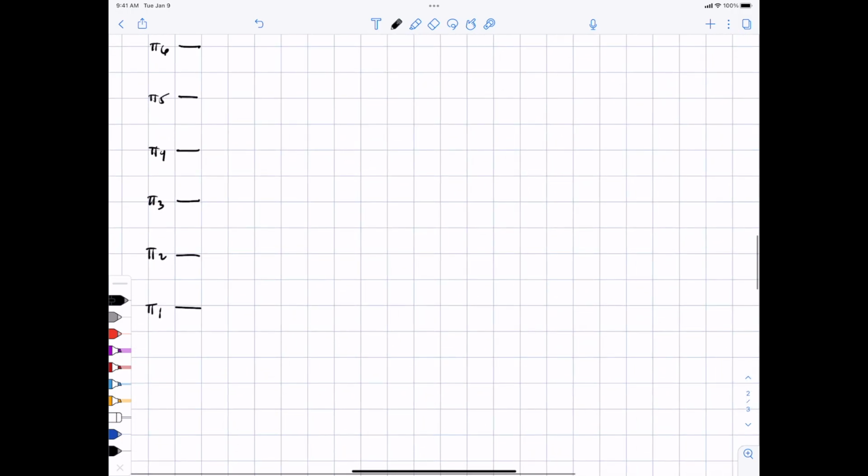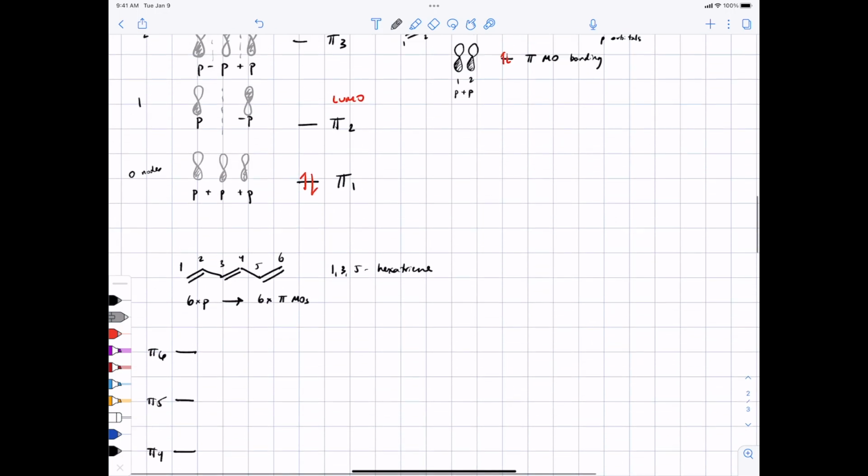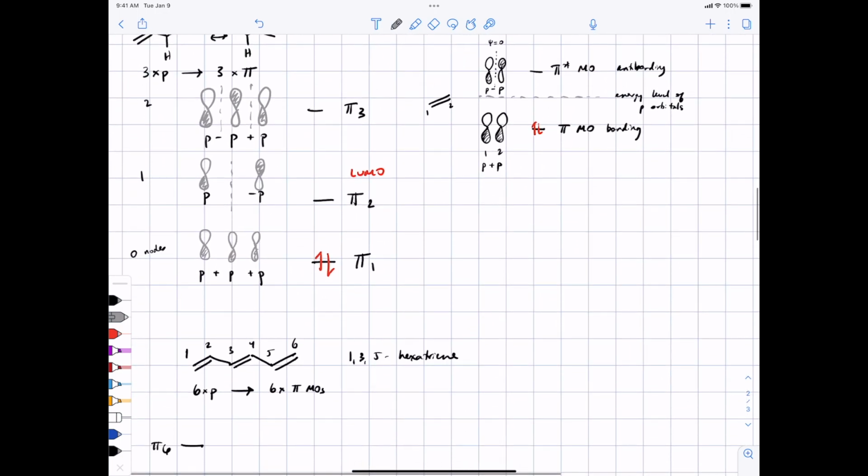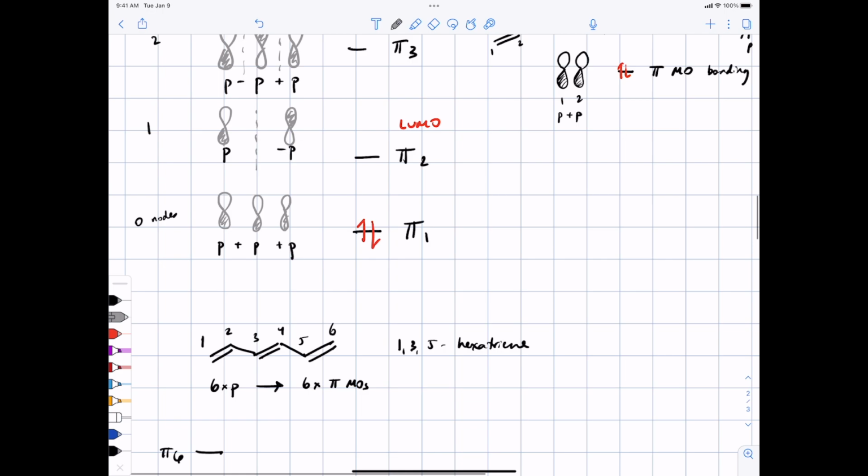And I'll draw them for you. To save ourselves a little bit of drawing time, we're going to imagine looking down on these orbitals as though we were above them. If I were looking down on this orbital, what I would see is carbons 1, 2, and 3.